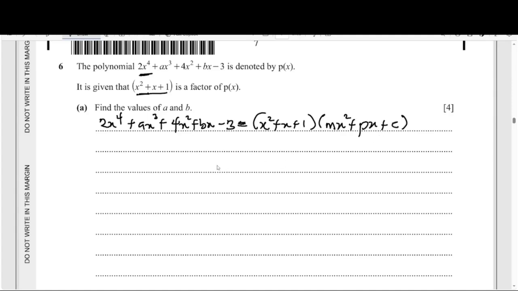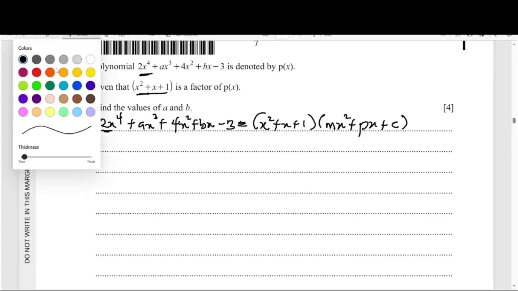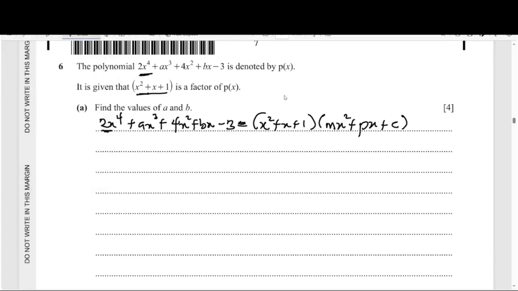So we need to expand the right hand side and we expect to produce the left hand side. However, we can do some short analysis here to find some of the values, and then we continue from there. We want to find out how we are going to produce the 2x^4 from this expansion. That will happen only when we multiply the first terms from each quadratic.